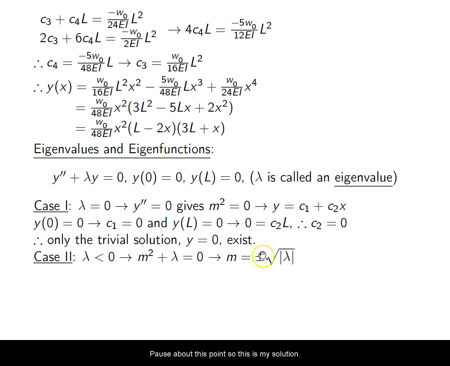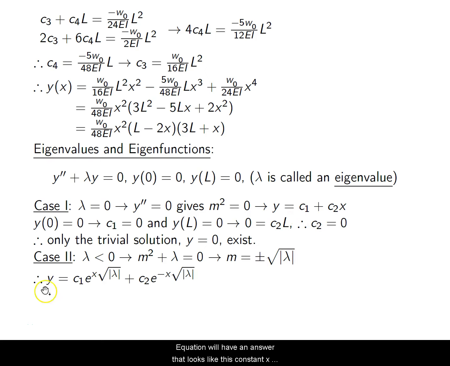Okay, so if this is my solution, I have actual solutions, positive and minus. So my equation will have an answer that looks like this: a constant times e to the x times that value plus c2 e to the negative x times this value as well, right? So again, one's positive, one's negative, so it's keeping them linearly independent.